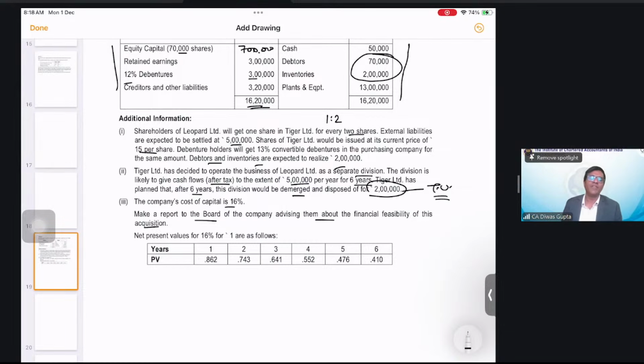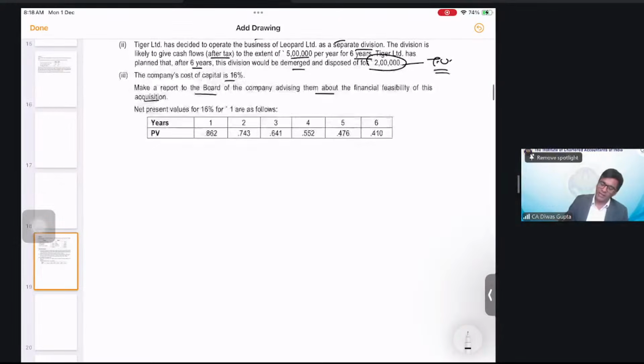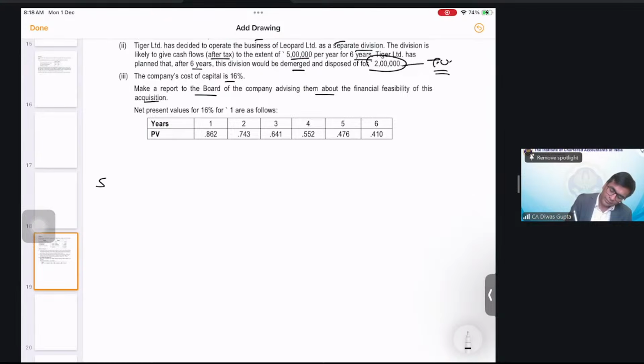But here the question is additionally asking us to calculate the NPV of this acquisition. What is the net present value of this acquisition? How can we calculate that? We have been given the future incomes and the future terminal value, right? So if I ask you to calculate the NPV of acquisition of this company, how will we do that?